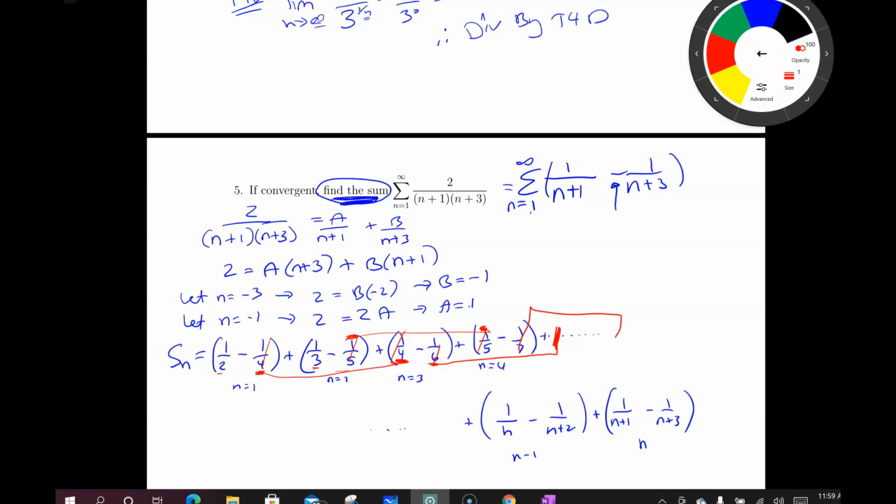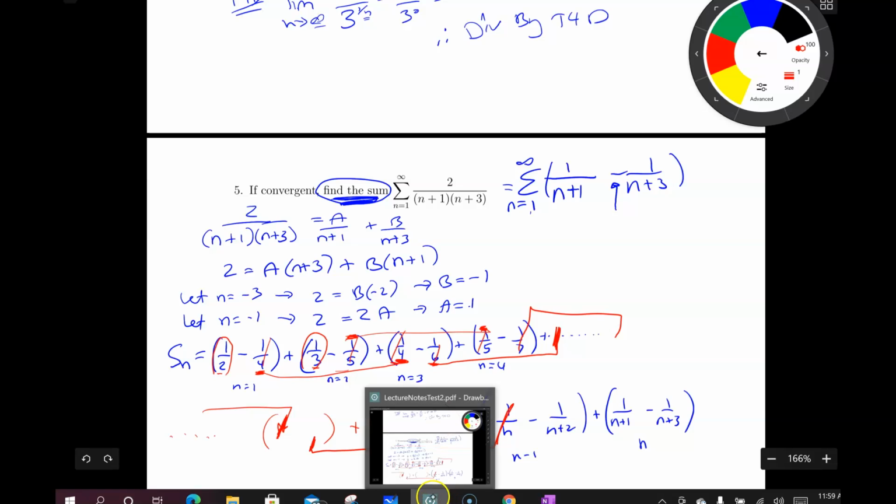Remember that the pattern was, if I have 2 in the beginning, I should have 2 at the end. So let's make sure by writing down a couple more. It's the last one in this group, skip a group, first one that would cancel, last one in this group, skip a group, first one.